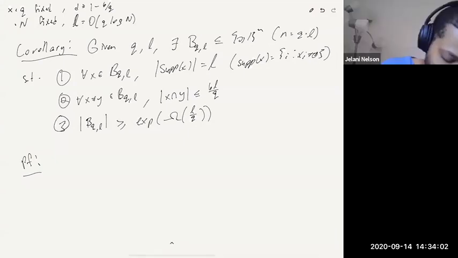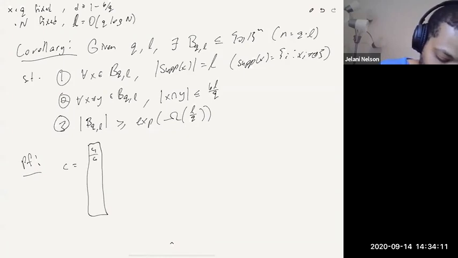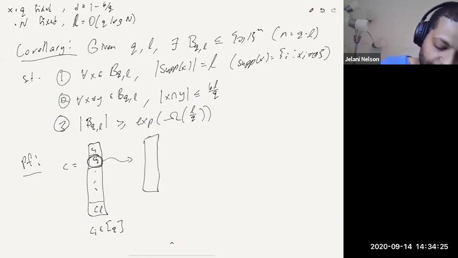So right, just as you said, we know that there's a good code by the previous theorem. That good code looks like C1, C2, ..., CL, where each Ci is a symbol between 1 and Q. And what we'll do is, for each one of these symbols, we'll blow it up into a bit string of length Q, which has a 1 corresponding to what that symbol was and a 0 everywhere else.